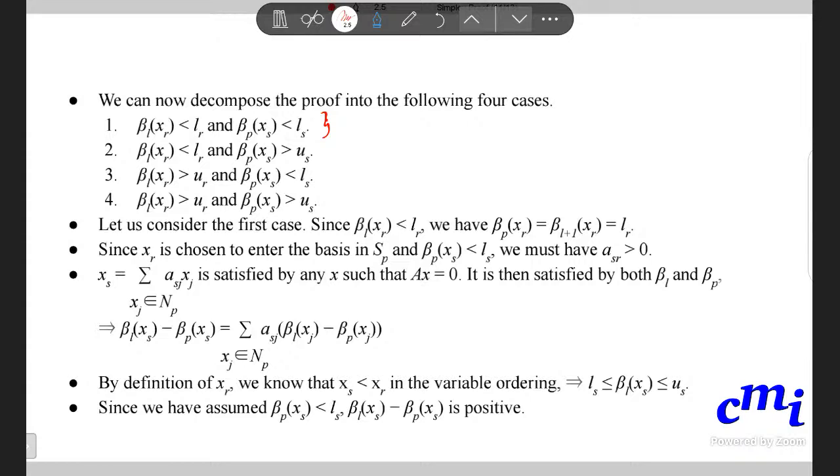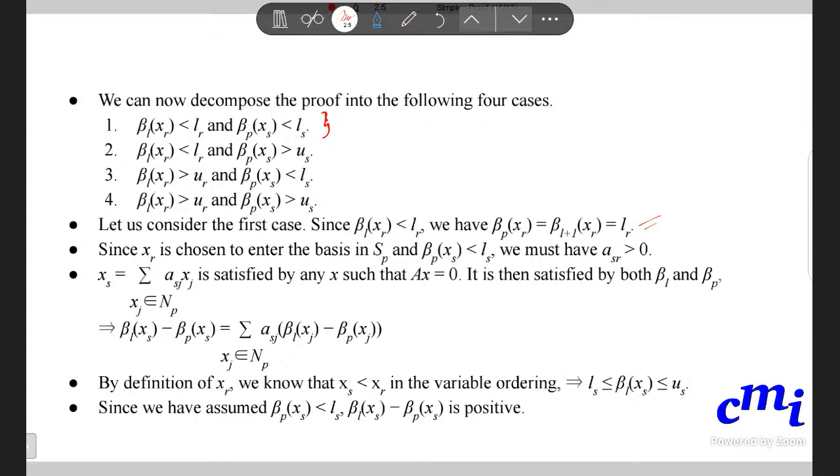Since beta L of XR was violated like this, it would be updated to be equal to LR, and then the assignment wouldn't change until it is shifted back. So it shifted back at beta P. So beta P of XR is equal to LR.